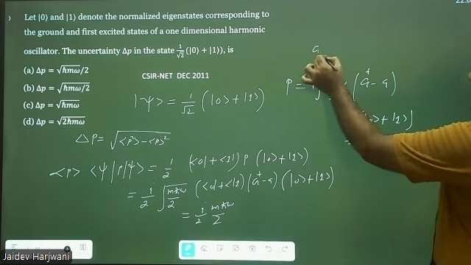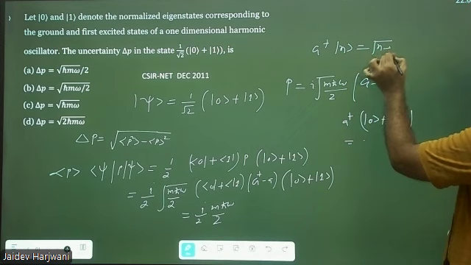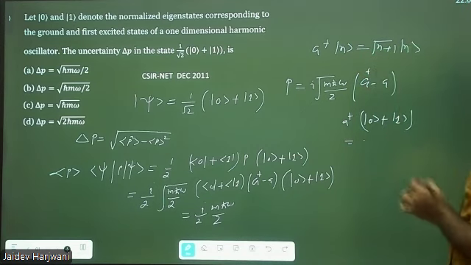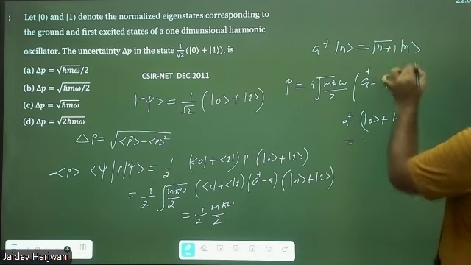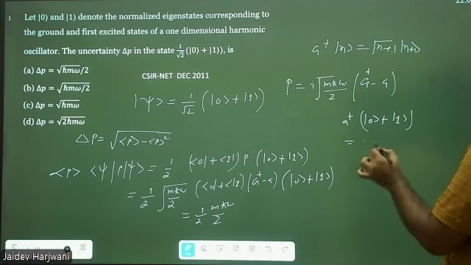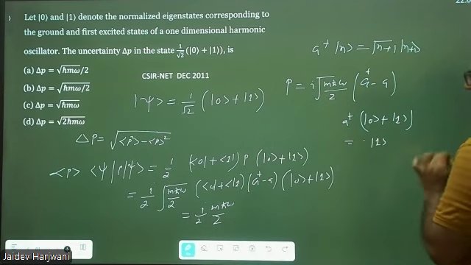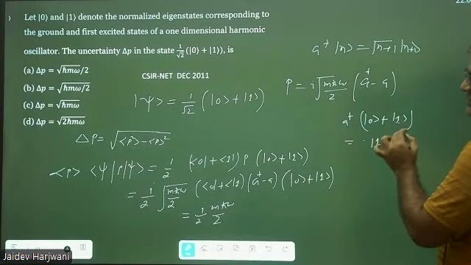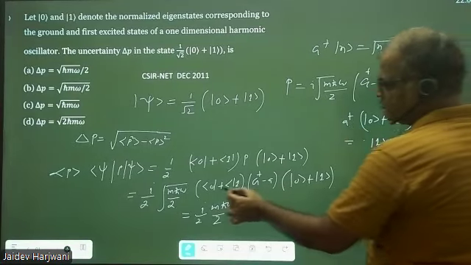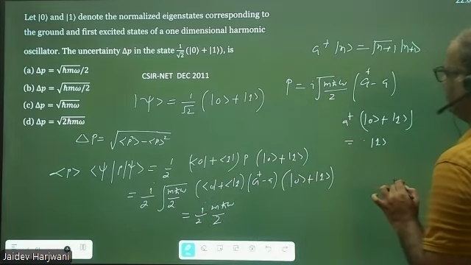The formula for a dagger is, for any state n, it gives you root n plus 1 times the state n plus 1. So this becomes state 1, and 1 becomes state 2. But state 2 is not useful because we have only 0 and 1 here. So the state 1 term is the only important term.